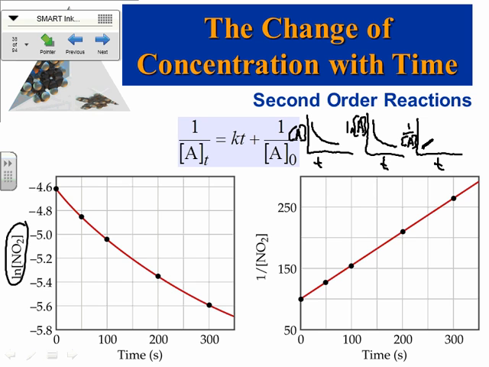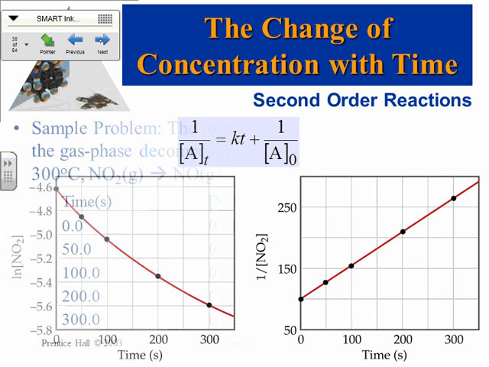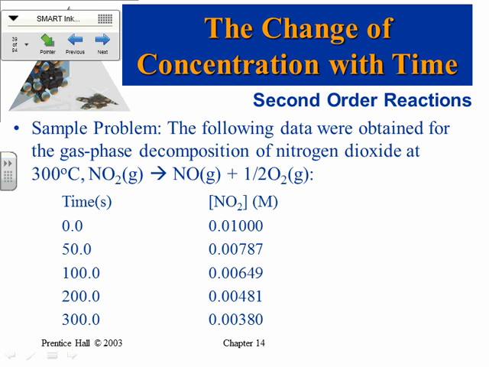And then 1 over the concentration versus time, that's supposed to be a straight line, sorry. Looks like that, okay? And then they ask you, is this a zero order, first order, or second order reaction? And your answer would be this is a second order because the second order graph is the one that gives a straight line. Okay? So pretty simple questions I think that you'll have to answer about the zero, first, and second order reactions.